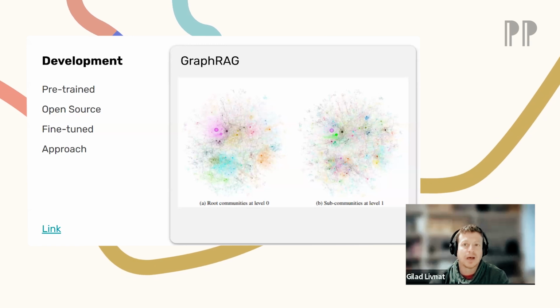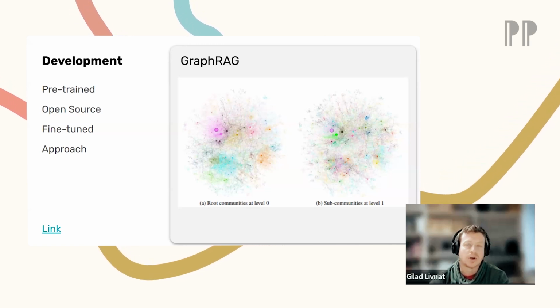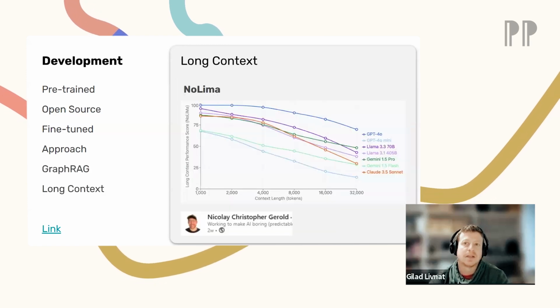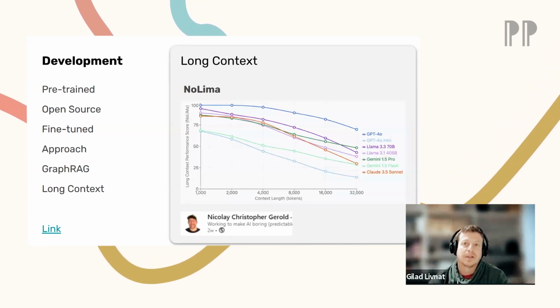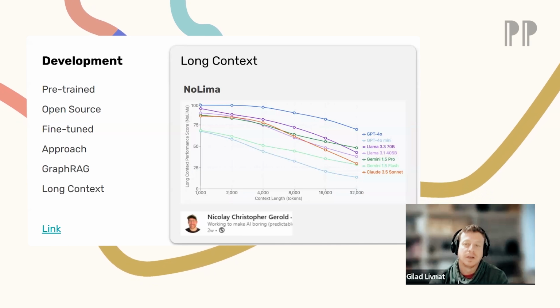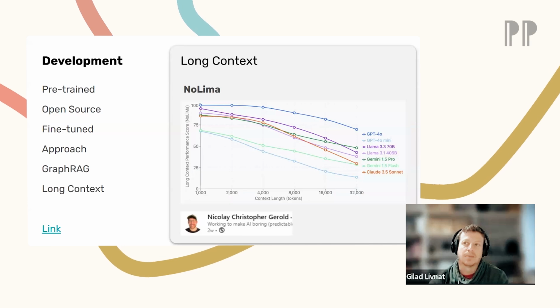The other problem that we have in conversational AI products is the long context problem. And we see that this is something that's in development. The longer the context, the less efficiency and the less accuracy those models are coming up with.